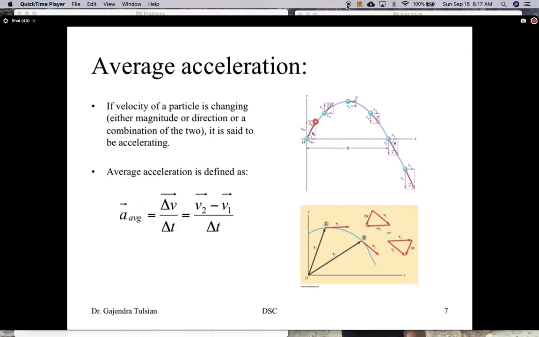So for instance, in this projectile motion, you can see that the y component of the velocity is changing. The x component doesn't change, and that would mean that there's no acceleration in the x direction, and we'll talk about this more. Average acceleration is change in velocity divided by change in time.